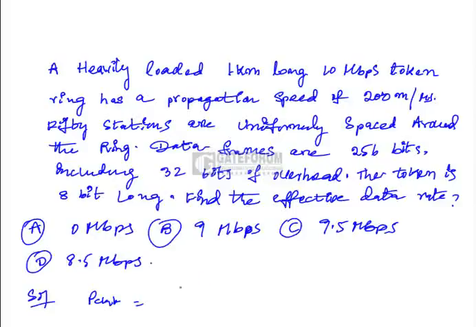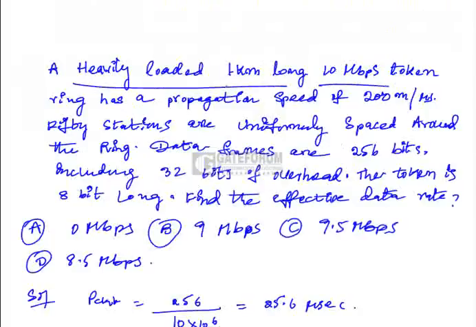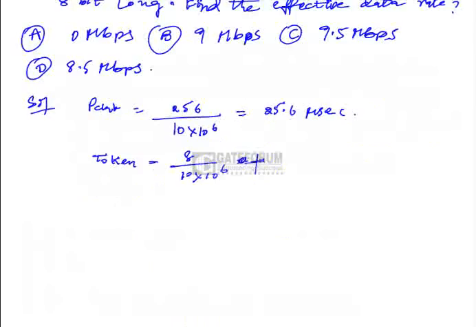There is 256 bits in a data frame. In which rate is it sending? 10 Mbps. 10 Mbps means 10 into 10 power 6. So this will be 25.6 microseconds. Token time. Token is 8 bits long. It is 8 by 10 into 10 power 6 because 10 Mbps. So this is plus, this transmission will occur in total length 1 kilometer, because the token travels the total ring.